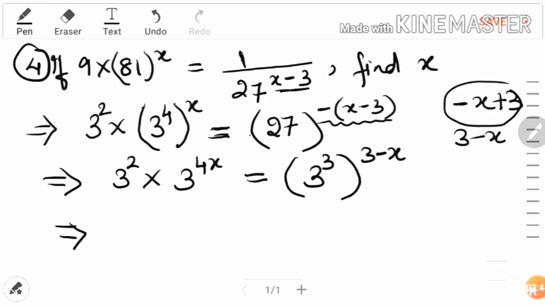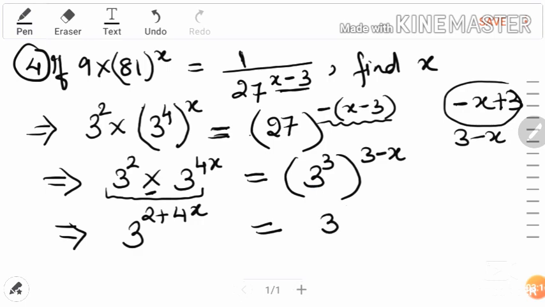So now this is equal to, on the left hand side I have two numbers that have the same base and they are multiplied. So I can use the first law and write this as 3 to the power 2 plus 4x, equal to, on the right hand side I have a to the power m to the power n.